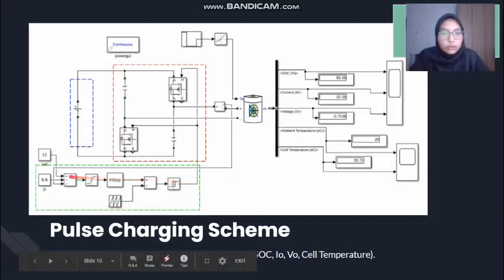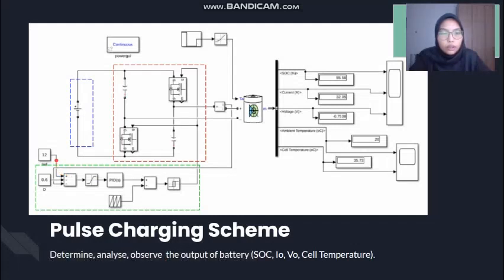The controller functions the same as in the boost charging scheme, where it works to control output based on three inputs, which are duty cycle, reference current, and output current of the system. So the system can produce better and stable output.